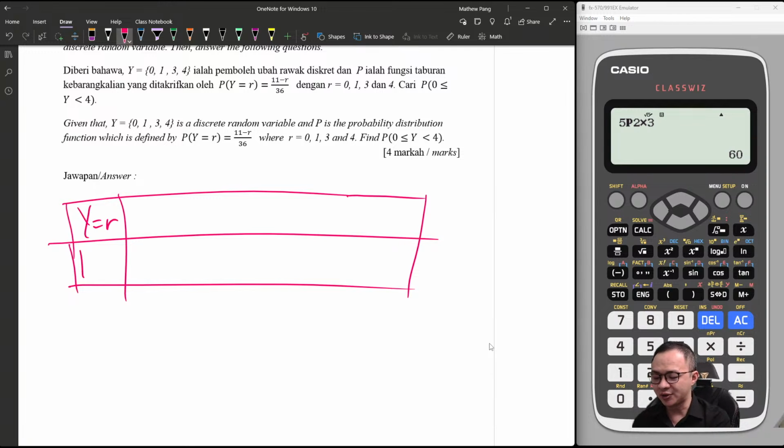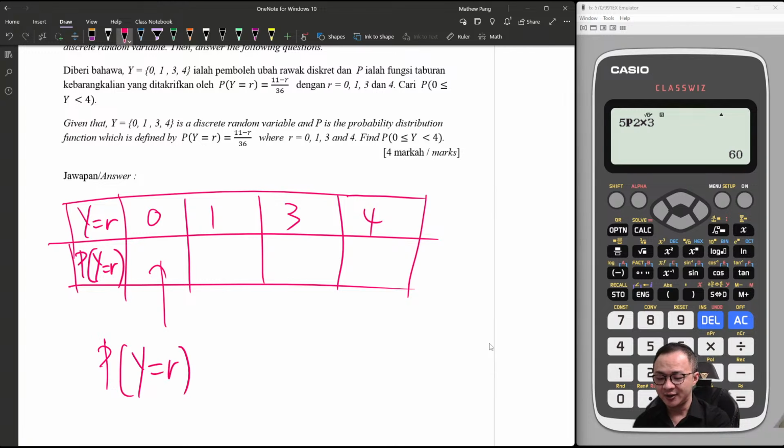Okay, this is y equals r. This is probability y equals r. For my y values, I have 0, 1, 3, 4. How to find these values? We can use the formula they give us. Since r is 0, 11 minus 0 divided by 36. So this will be 11 over 36.